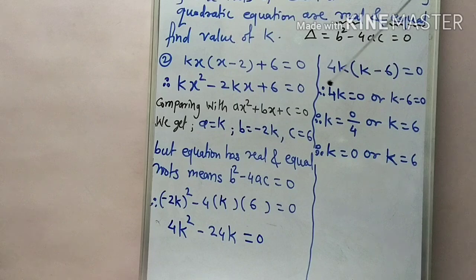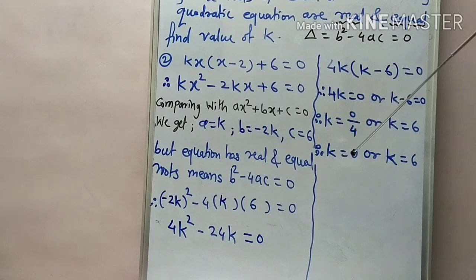It means that the first value 4k is 0, or the bracket k minus 6 is 0, and as we simplify it, we get k is equal to what, 0, or k equal to what, 6. Okay, so here we have two values for k, but the equation is what, kx square minus 2kx plus 6 equal to 0.